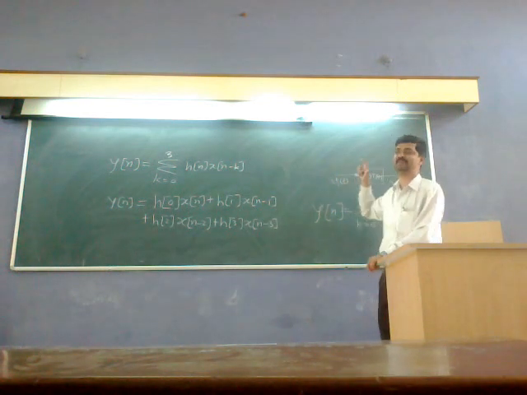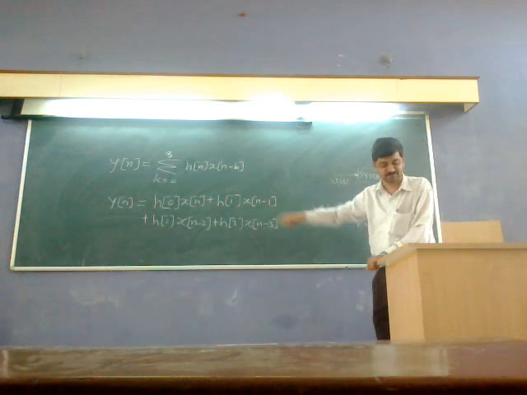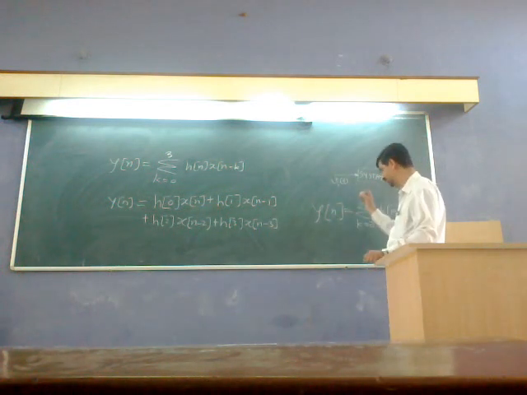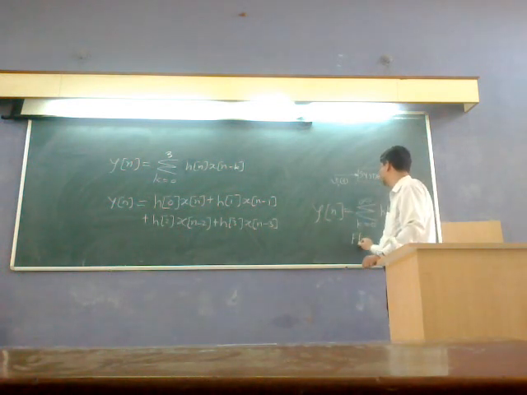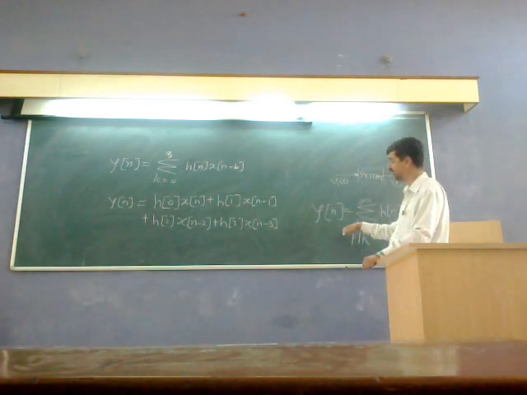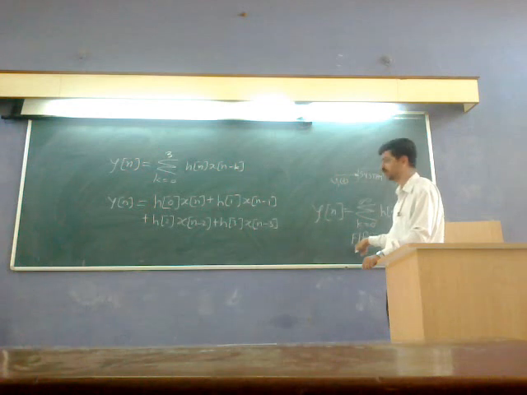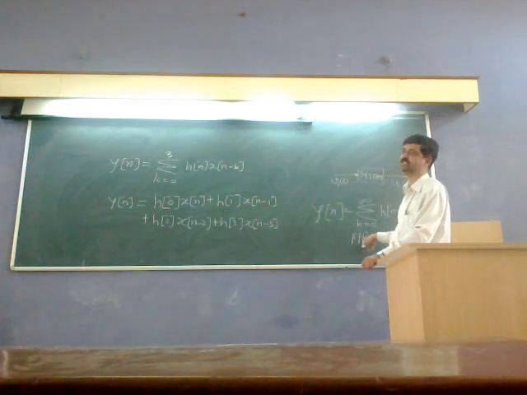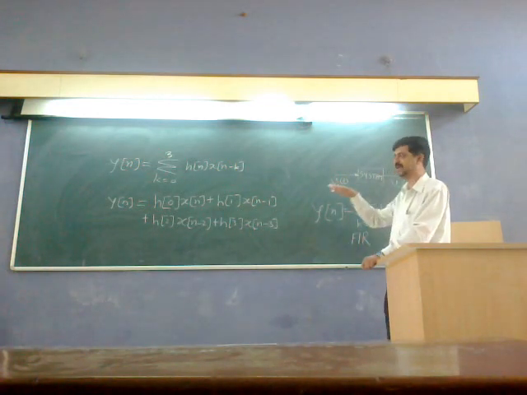Then it becomes output depending upon the current and a few previous inputs. This is actually a finite impulse response system. What is impulse response, right now we don't know, but it is a very popular word. We shall come to it at a suitable time.